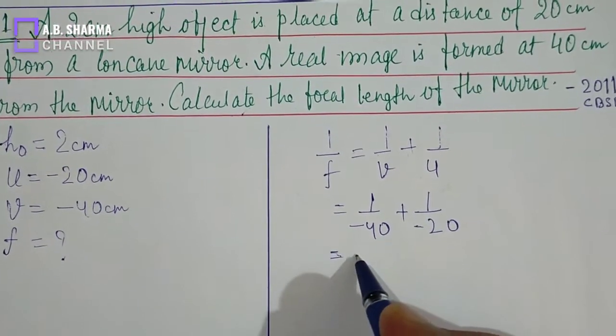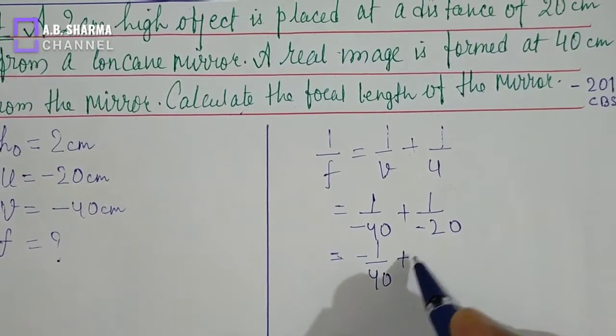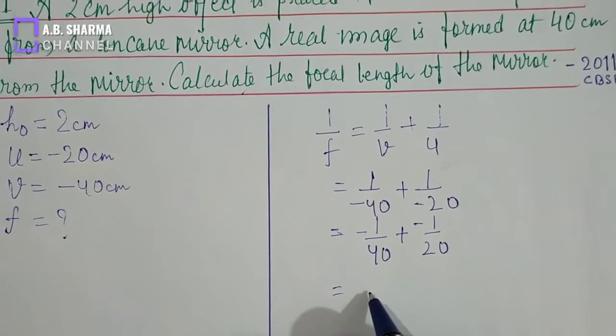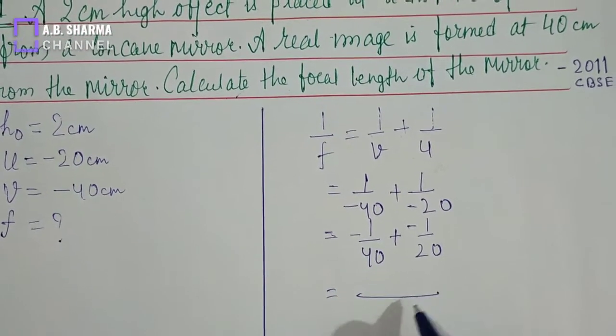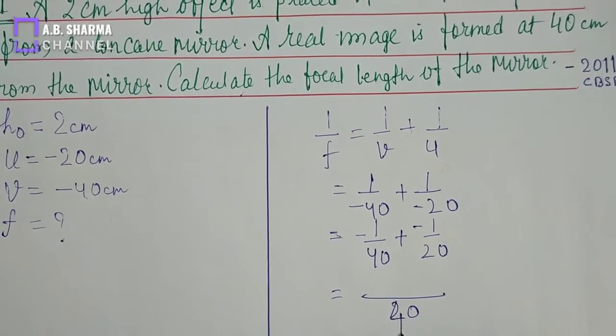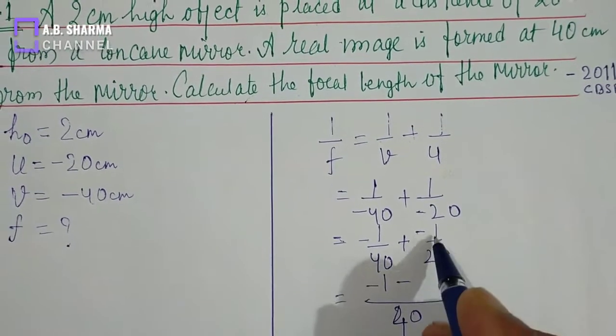This will become minus 1 upon 40 plus minus 1 upon 20. Equalizing the denominator, this will become 40, and this is minus 1 minus 2.